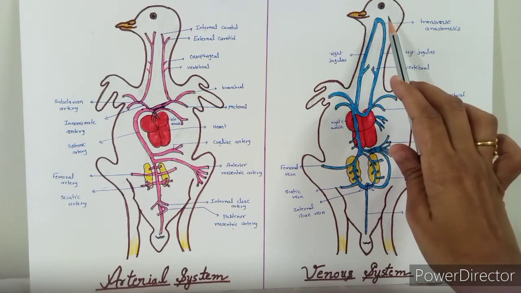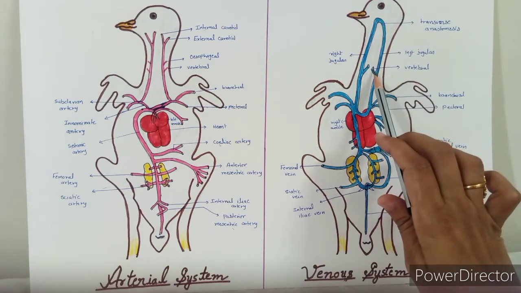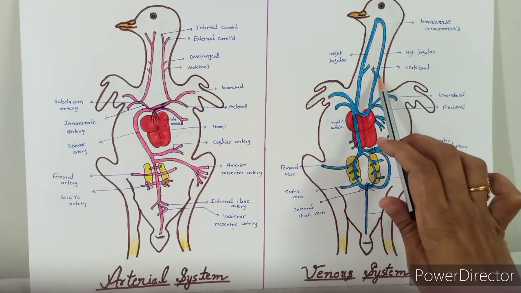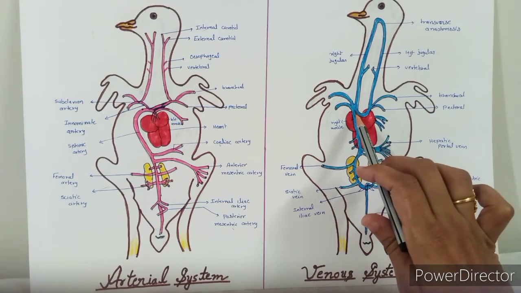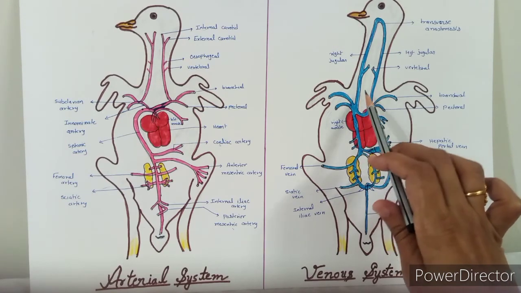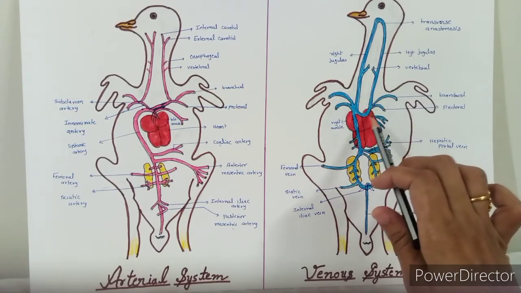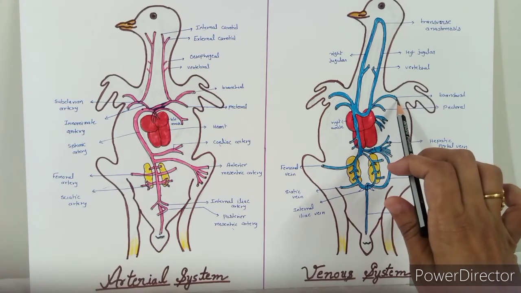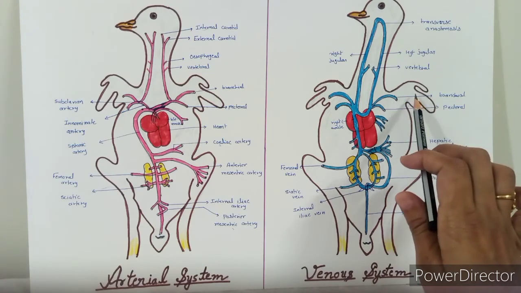And another vein connects to the vertebral column. This is called the vertebral vein, and this is the first vein, meaning the precaval divided into three parts. So first is the jugular, divided into two parts, and next one is the brachial. It collects the deoxygenated blood from the wings.